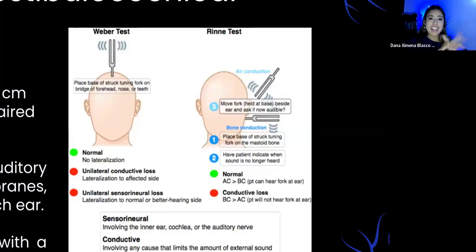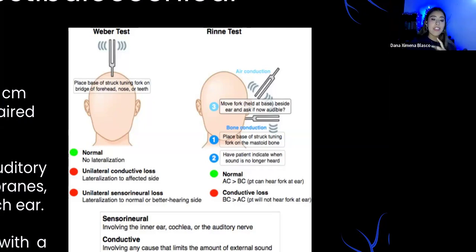But it is abnormal when there is a unilateral conductive loss. In a conductive loss, the lateralization is going to go to the affected side, the sick ear. So if it goes to the affected side, that's a conductive loss.